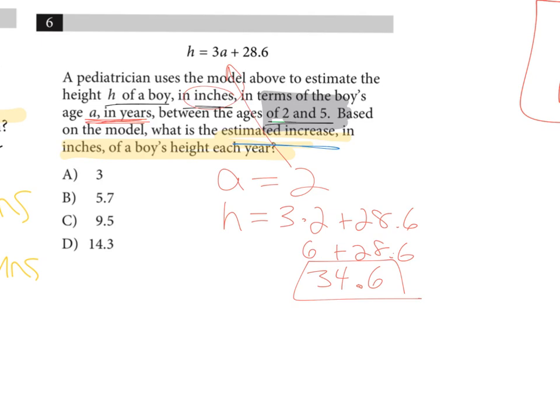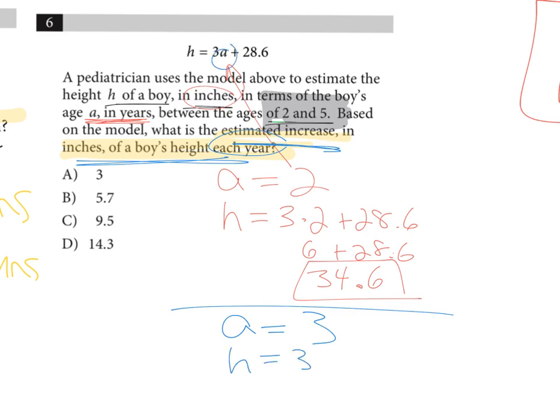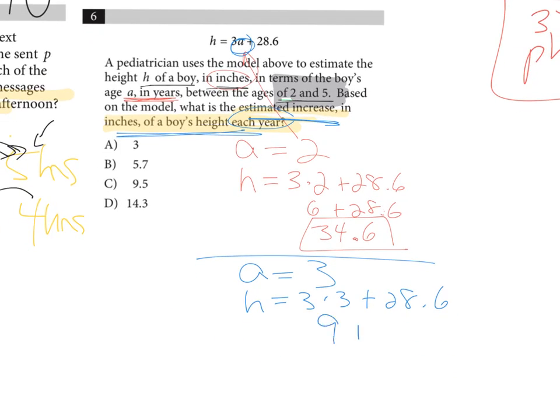Now I need to know the estimated increase of a boy's height each year. So now let's pretend the boy is 3. I'm going to plug 3 in for letter A. So the height is going to be 3 times 3, plus 28.6. If I simplify that, that's 9 plus 28.6, or 37.6.